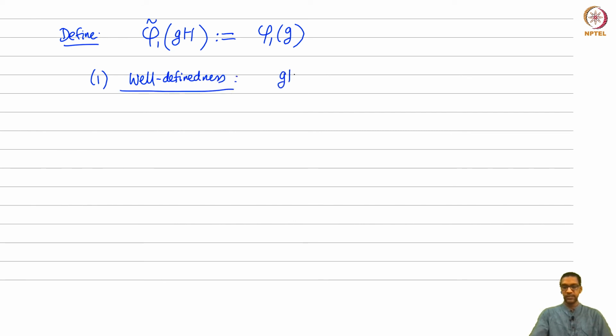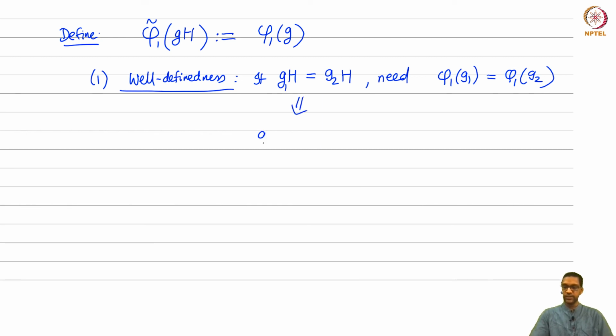It says that if the same coset has another representative, so suppose g1 and g2 are two representatives for the same coset g1H equals g2H, then we need to show that whether you use g1 or g2 for your definition, the answers are the same. So phi 1 of g1 should be the same as phi 1 of g2. This is what I need to prove, but let's see, what do we know?